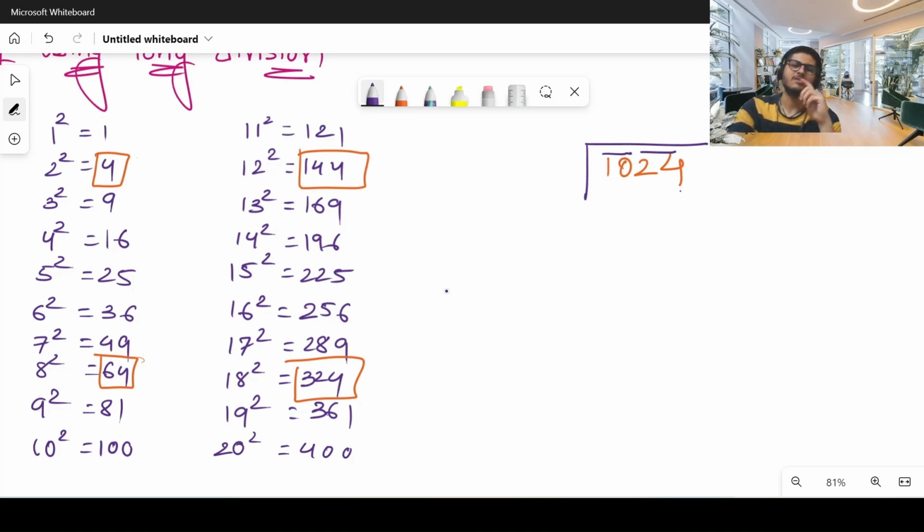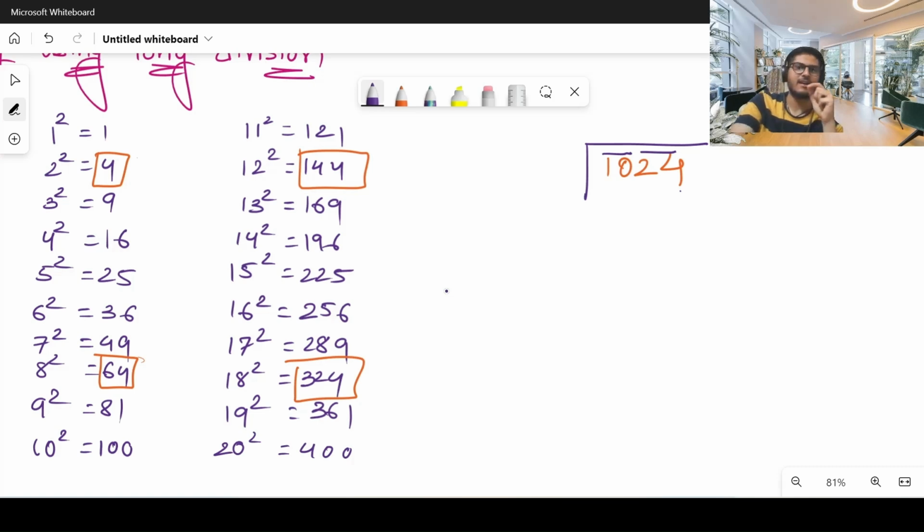Now I know there is one question coming to your mind: sir, what if the number is a 3 digit or a 5 digit number? If I would like to find the square root of a 3 digit or 5 digit number, in that case there will always be one number left alone. Yes, you thought very correctly.